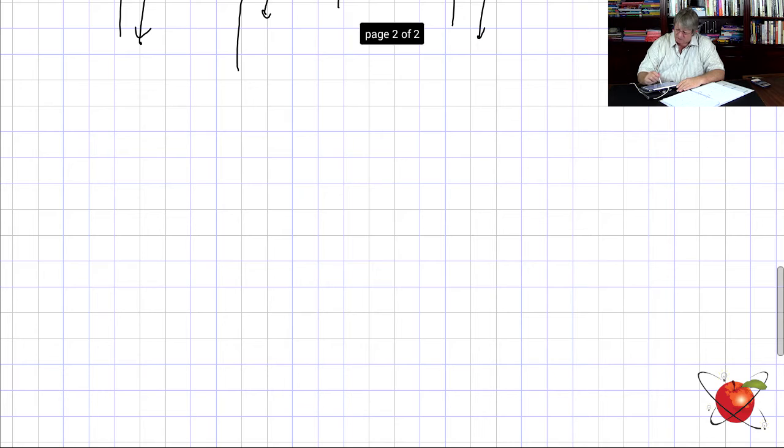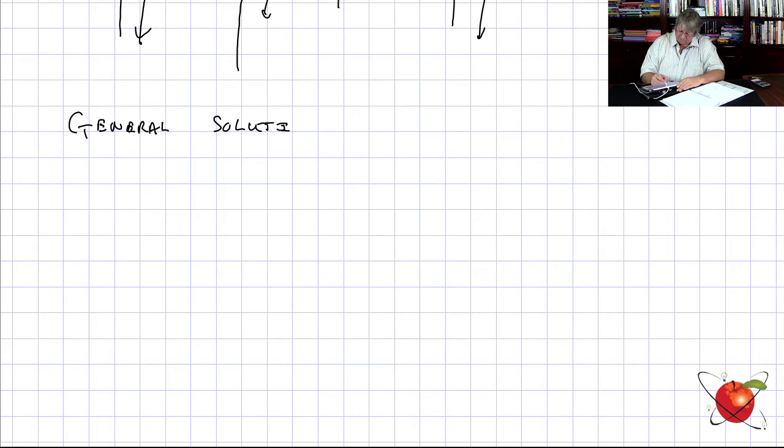What are we going to get? Okay, so what they're saying is they want a general solution. Find the general solution. What does that mean? Essentially, they are asking us to find one that gives us any or every angle that we can possibly have that will solve the equation.